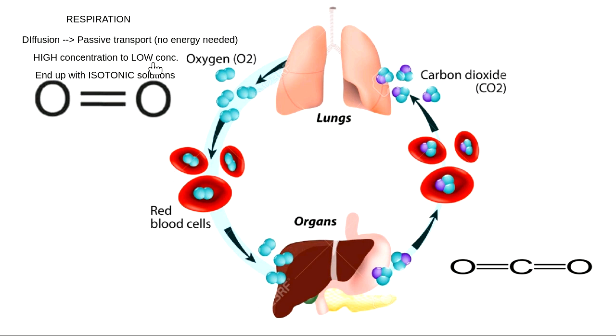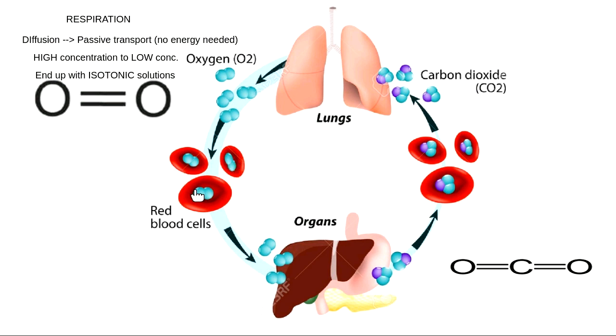The reason that this statement right here is helpful for me is when we look at this picture here, notice that we start in the lungs. In the lungs, we breathe in and oxygen comes in. As we breathe in, that oxygen attaches to the hemoglobin in our red blood cells.